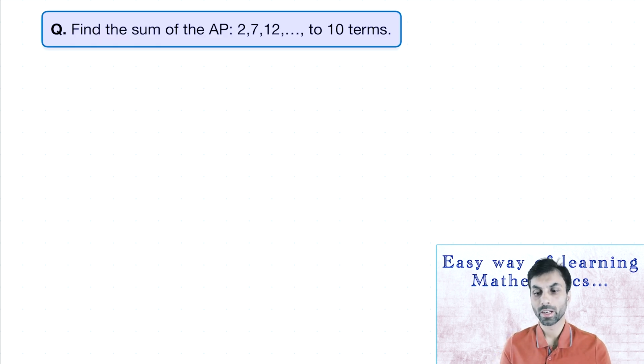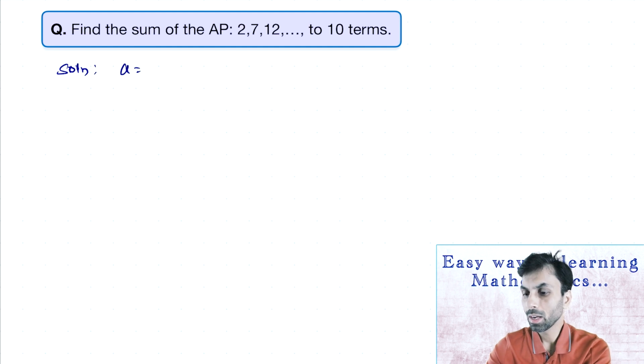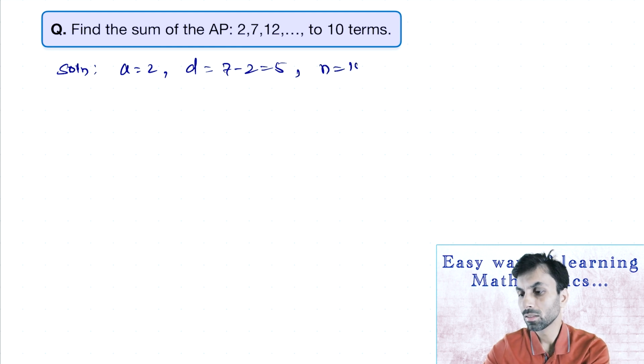Let's move to the question now. The first question here is find the sum of the AP 2, 7, 12 and so on up to 10 terms. So in this case, we have A equals 2, D is 7 minus 2, which will be 5, and N is 10. We have to find S10.